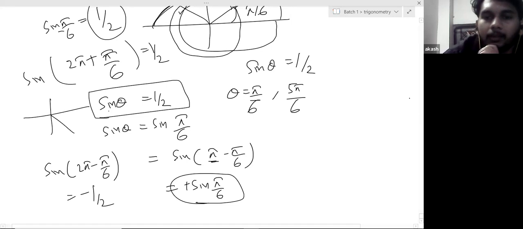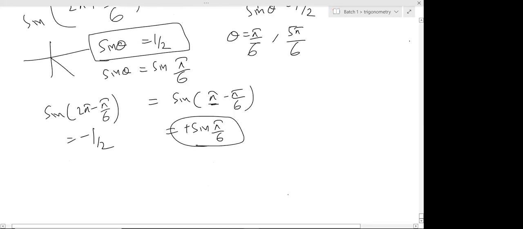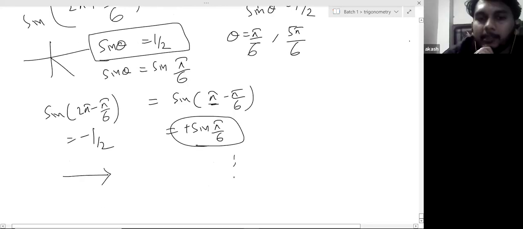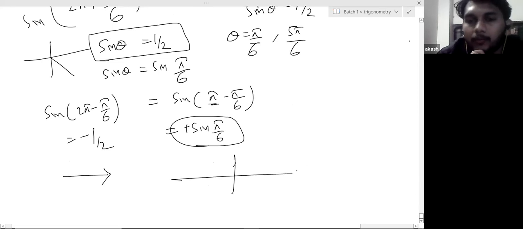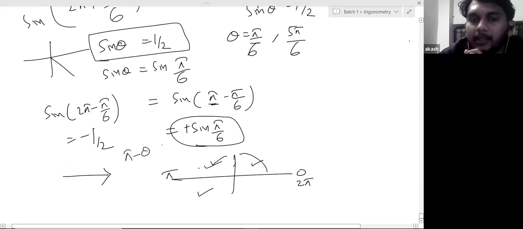One more thing: whenever you are finding the principal solution, always look for angles 0, pi and 2 pi. If it's in the first quadrant, 0 to pi by 2. If it's in the second quadrant, then pi minus theta. If it's in the third quadrant, then pi plus theta.